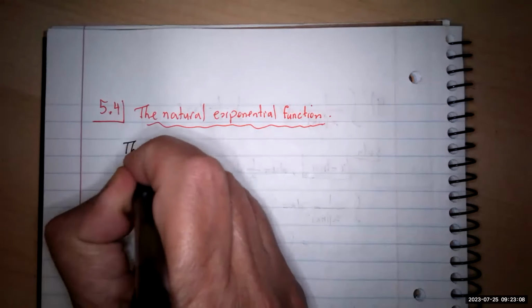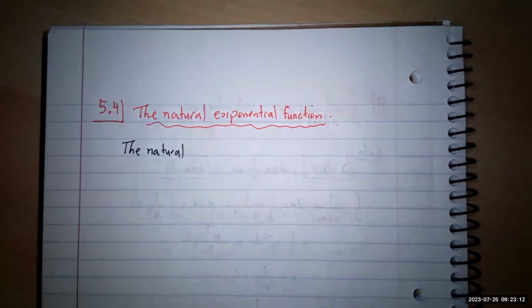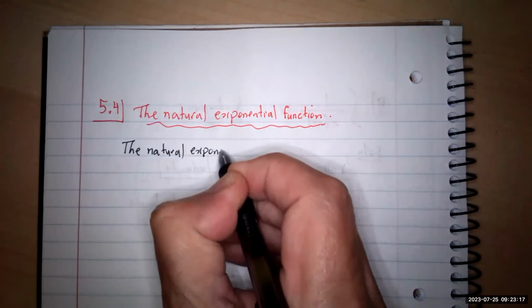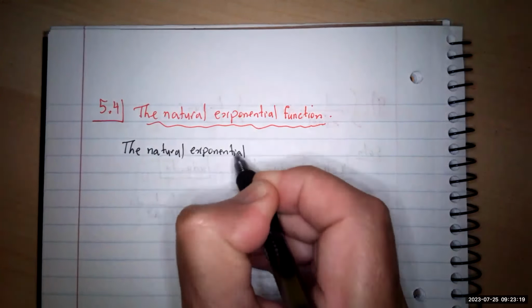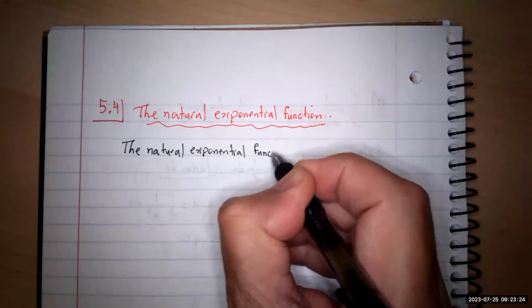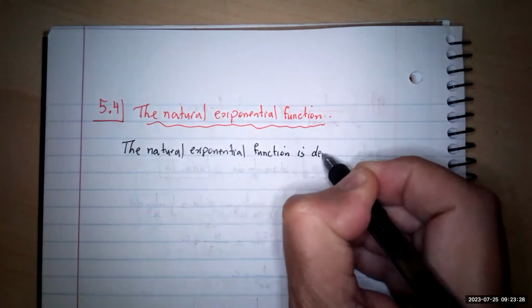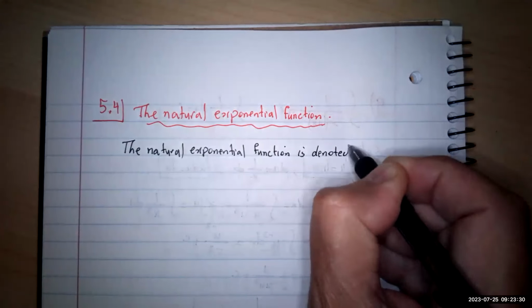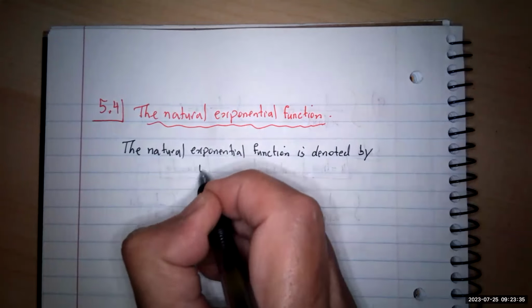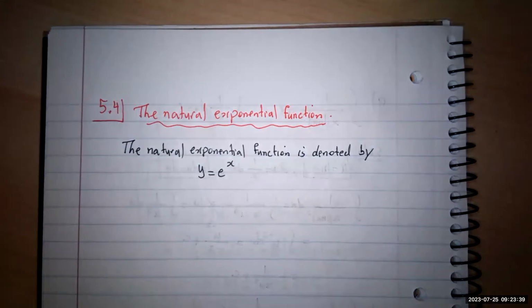So the natural exponential function, okay, natural exponential function is going to be denoted by y equal to e to the x. Okay, the base is e.